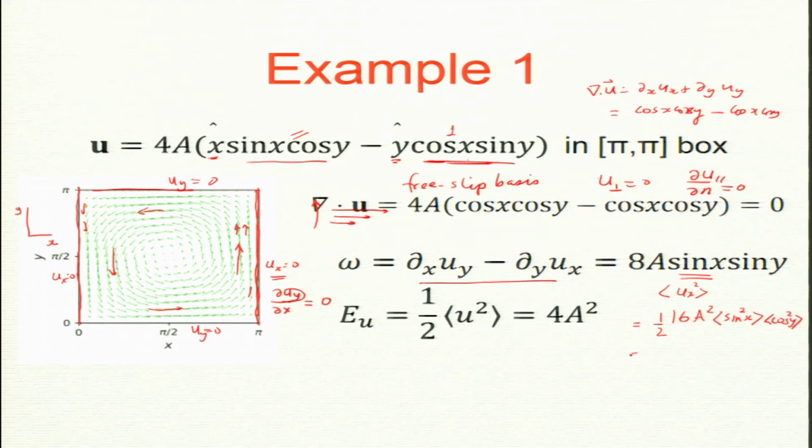And what is the average of sin square x? Half. So, half, and cos square y also is half. You can do over a periodic box, average is half. So, that gives you 2a squared. So, ux squared is 2a squared, uy squared is also 2a squared. So, total is 4a squared.